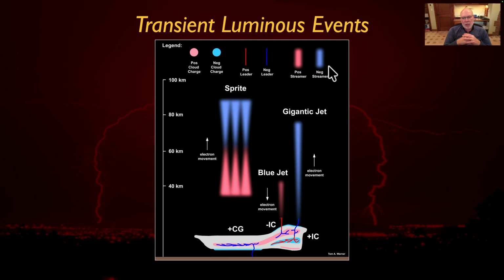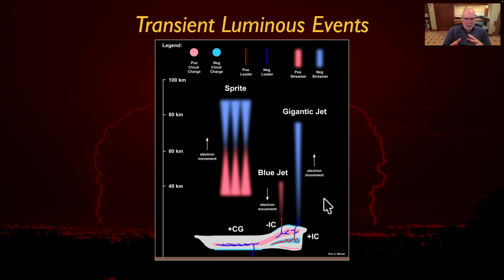And therefore, even though there's breakdown that's driven by the electric field and the leader activity, it transitions to a streamer. And this streamer activity that we see above the storm is actually the gigantic jet. So the blue depicts the polarity. In this case, it would be a negative streamer that goes up into the upper atmosphere.